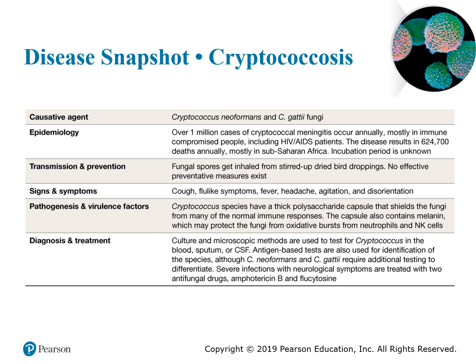And so there are a few things that can be done. Culture, of course, can be done to grow this organism, as well as looking under the microscope for the presence of cryptococcus in blood, sputum, spinal fluid. There are antigen tests, some rapid antigen type testing that can be performed.